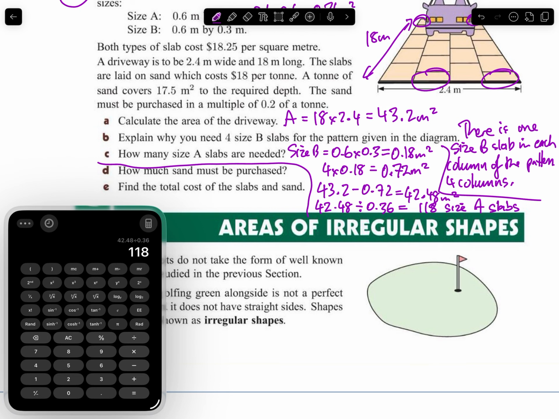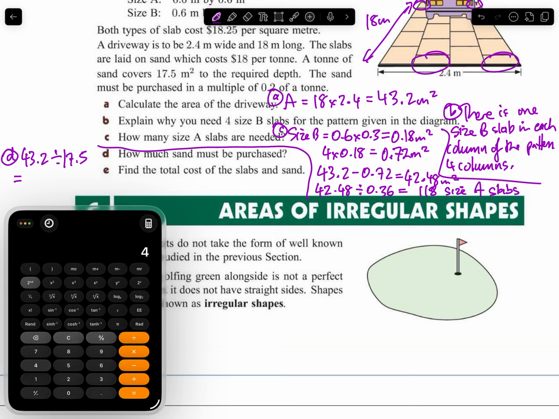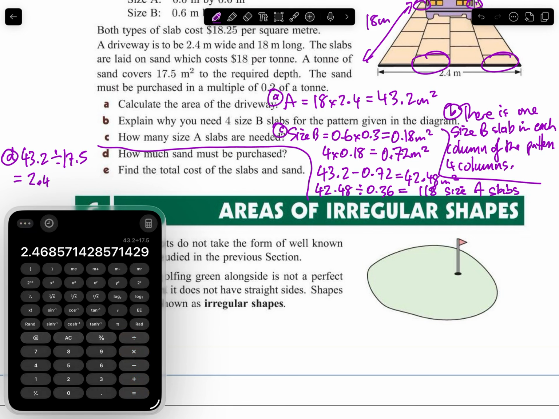This is D, we've answered A here, we've answered B here, this is C. We're trying to cover 43.2 square meters, but a ton covers 17.5, so how many 17.5s fit into 43.2? 43.2 divided by 17.5 is 2.47 tons to 2 decimal points.